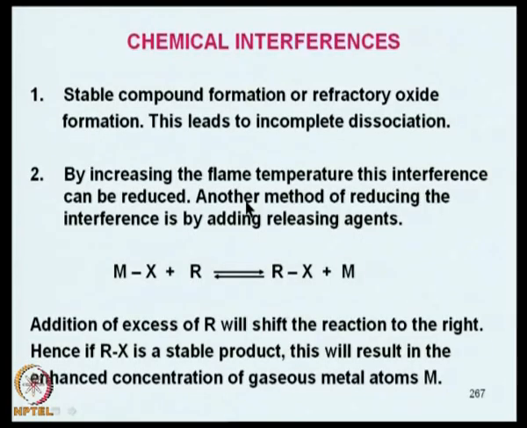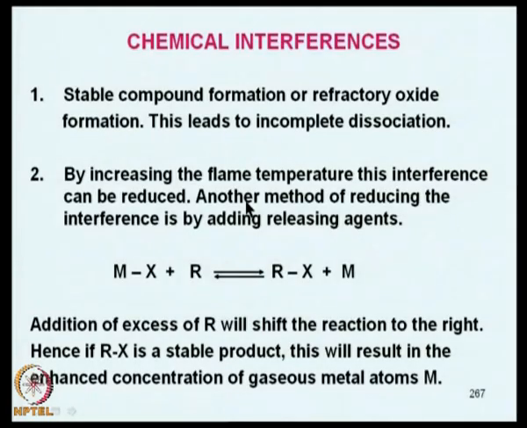If it forms an oxide, then you have the problem. So, how do you control this kind of interference? We can do it by increasing the flame temperature. Most of the oxides again at higher temperature would decompose, and atoms would be produced.